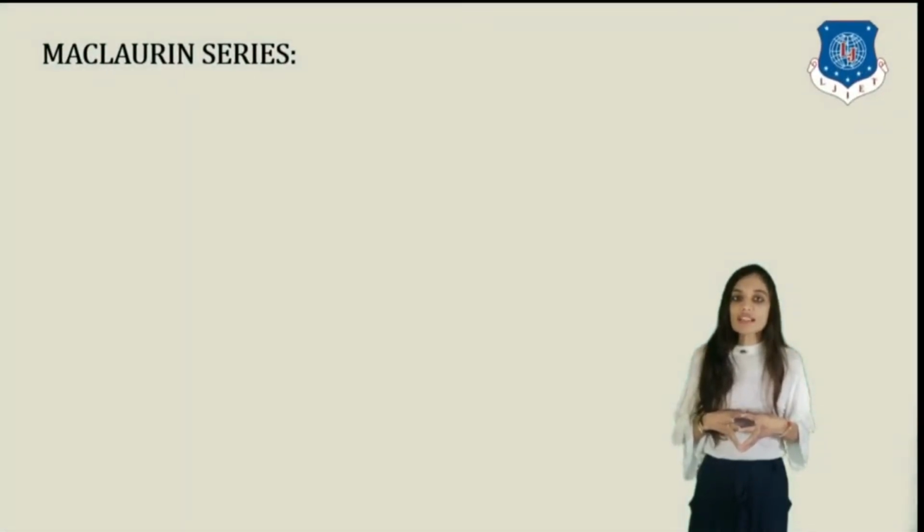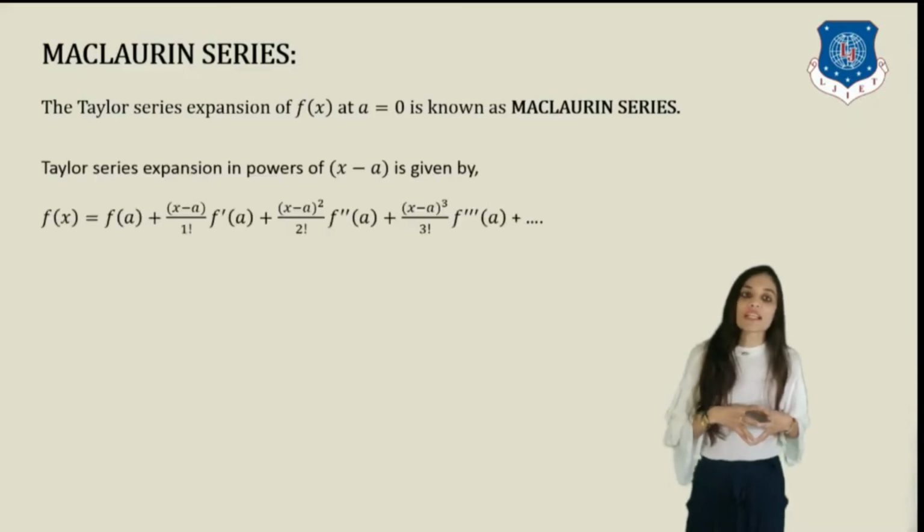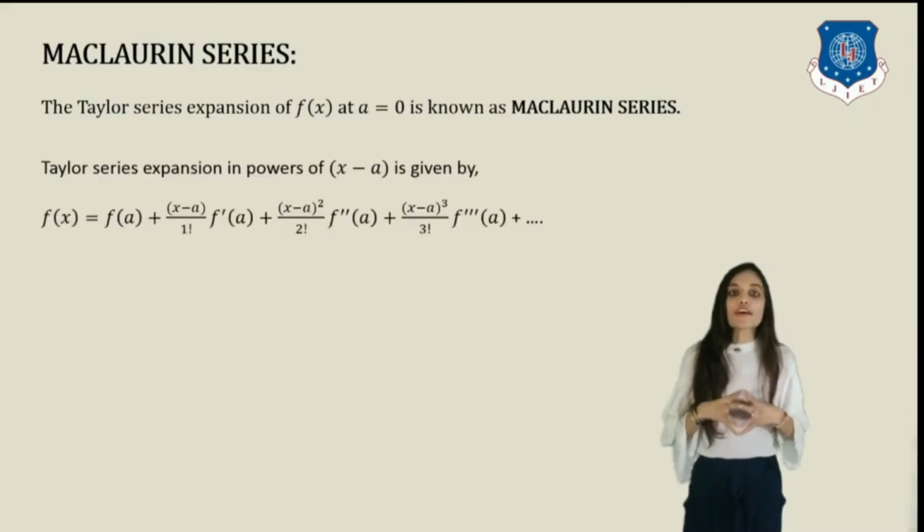So Maclaurin Series is given by f of x is equal to f of 0 plus x upon 1 factorial f dash of 0 plus and so on. So how is it formed? Firstly, we all know the Taylor series in powers of x minus a, which is given by f of x is equal to f of a plus x minus a upon 1 factorial f dash of a plus x minus a whole square upon 2 factorial f double dash of a plus and so on.